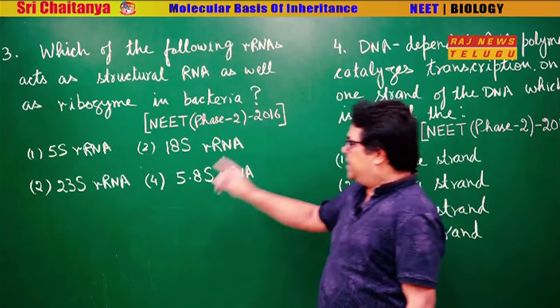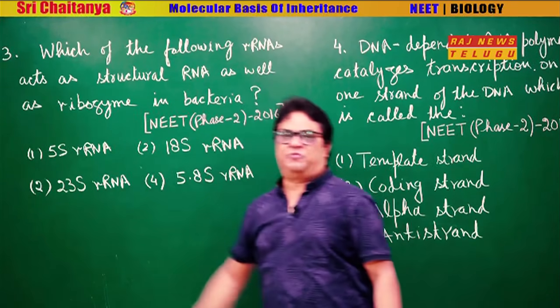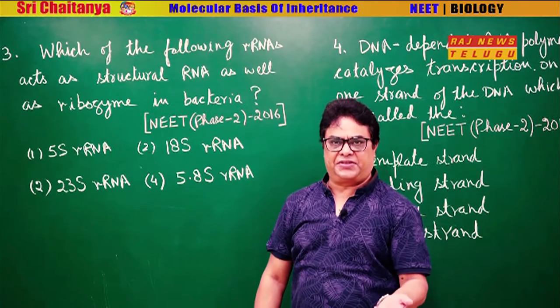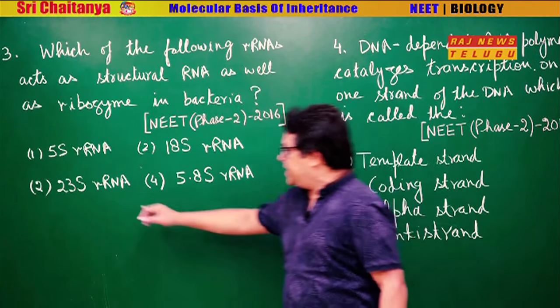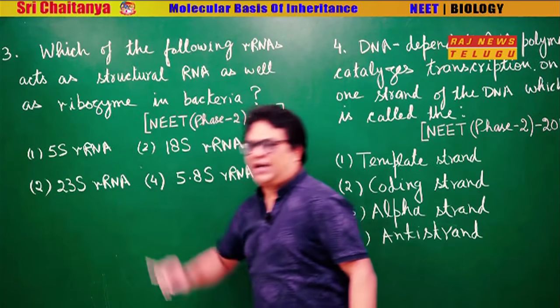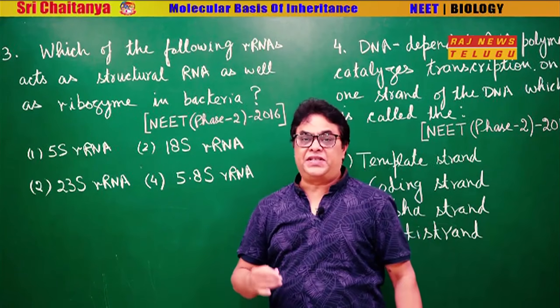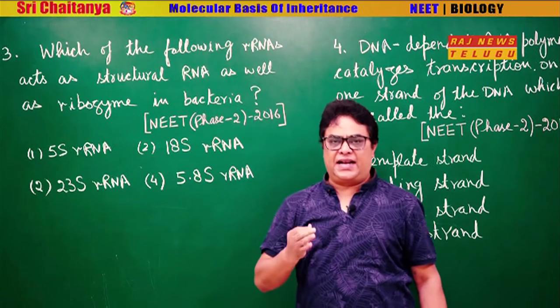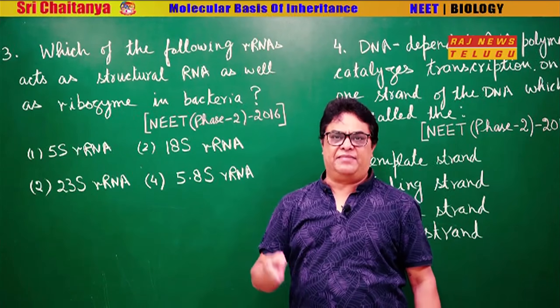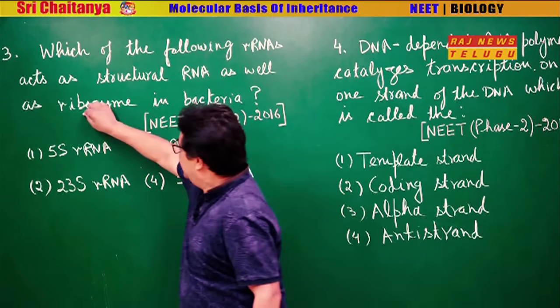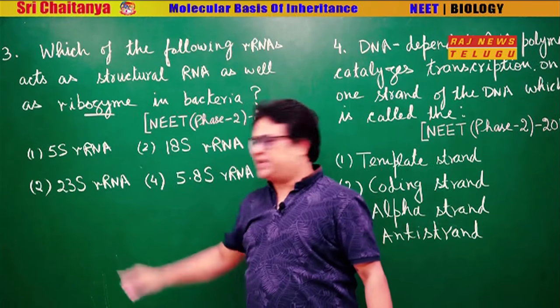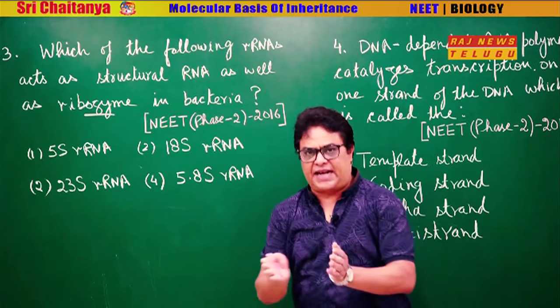Now, 23S ribosomal RNA, remember when we were discussing the topic, we said that 23S rRNA functions as an enzyme, and RNA functioning as an enzyme is called a ribozyme. And what is the reaction it catalyzes?